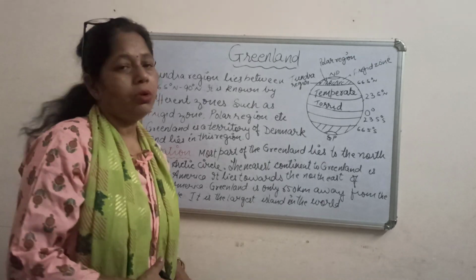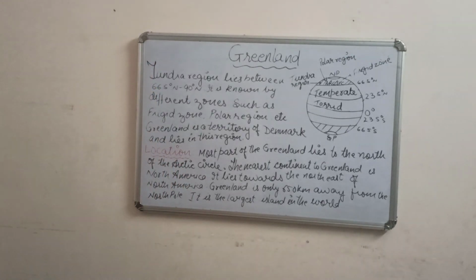Now we will talk about Greenland. As through the Earth diagram, I have already explained to you about the tundra zone which lies between the 66.5 degree north to the 90 degree poles.